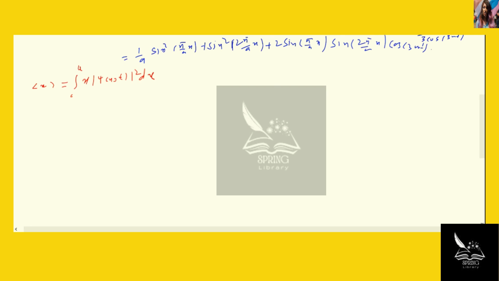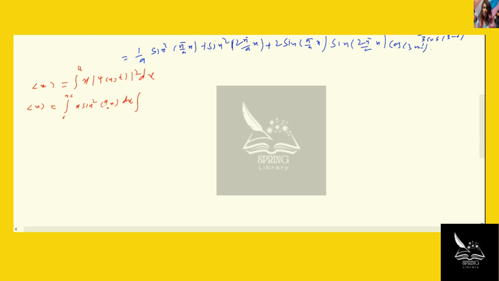So we will put in this integral, so this integral becomes 0 to a of x sin squared (pi by a x) dx.